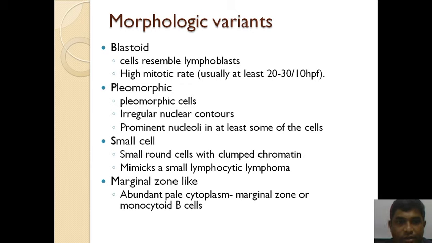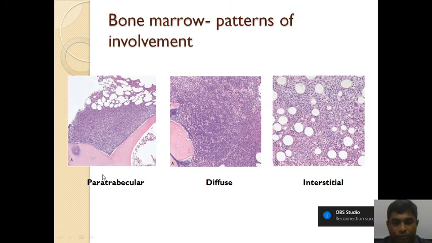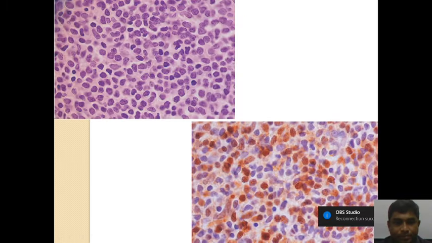This could be blastoid, resembling acute leukemia, or pleomorphic, with different types of cells and highly variable morphology. It can also be comprised just of small cells mimicking CLL or SLL, and it could be marginal zone like, paratrabecular, diffuse or interstitial.